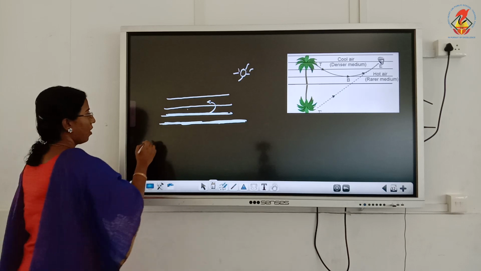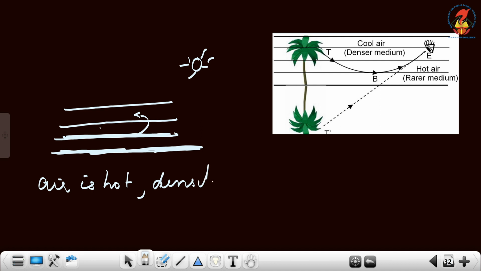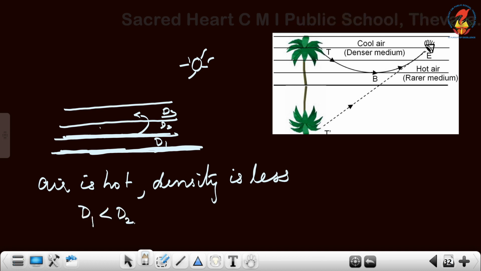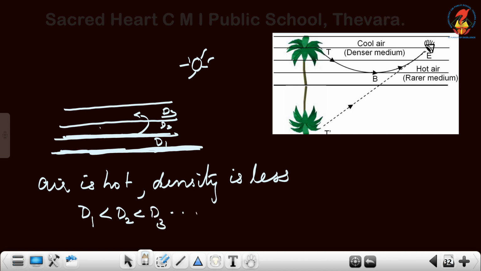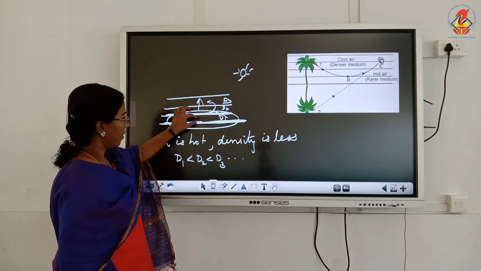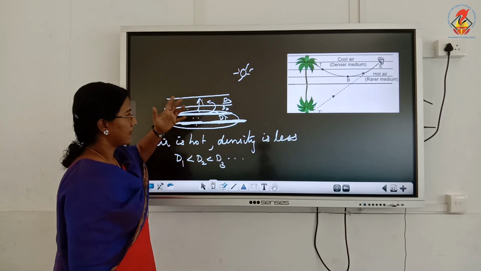And when air is hot, density will be less, isn't it? Which means, if we call the layer densities D1, D2, D3, etc., then D1 is less than D2, which is less than D3, etc. So this layer can be compared as a rarer medium when compared to the layers above it. So this is a rarer medium, and this will be a denser medium.